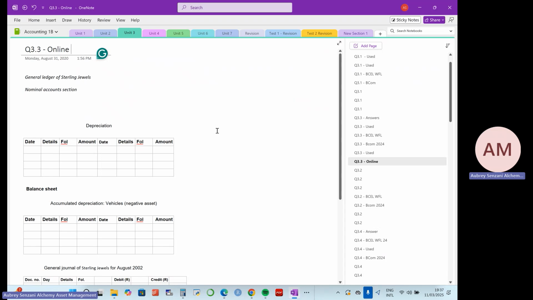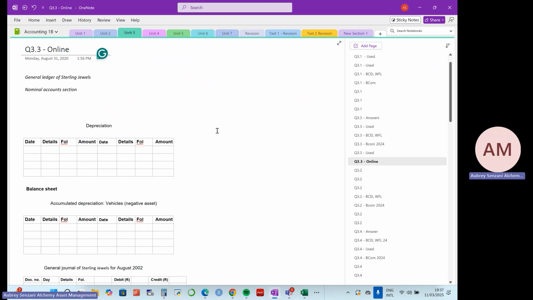And then finally it says, show the depreciation adjustments and closing transfers in the general ledger of Sterling Jewel CC on 31 August 2008 and 2009.